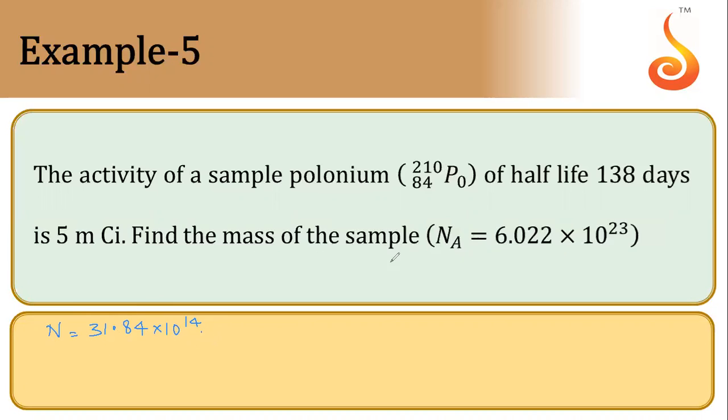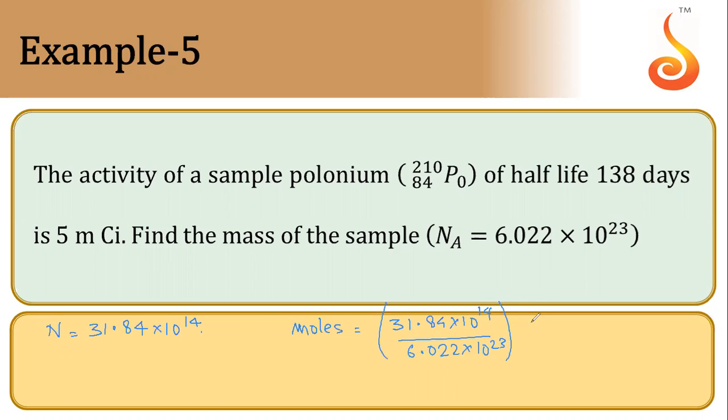We need to calculate the mass of the sample. Now we know the number of atoms. So how many moles will be there? Moles of polonium will be the number of atoms present divided by Avogadro's number. So this will give us the number of moles present.